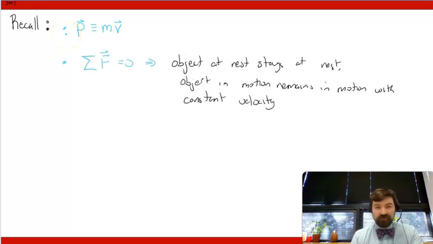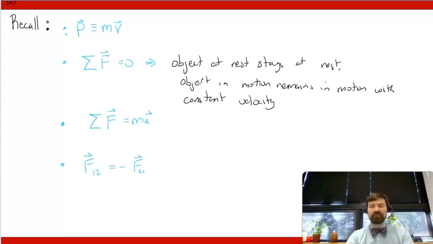You can also recall that Newton's first law says that an object at rest will stay at rest, and an object in motion remains in motion with constant velocity if the net force on the object is zero. Newton's second law, of course, says that the sum of forces is mass times acceleration, and Newton's third law says that F12 is equal to negative F21.